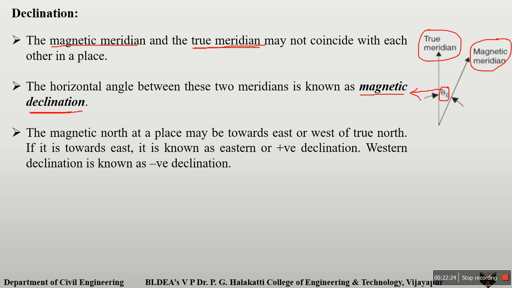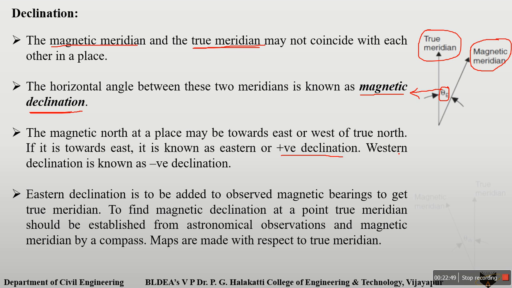Depending upon the direction, the declination may be positive or negative. If the magnetic north is towards the east side from the true north, it is known as eastern or positive declination. Suppose our magnetic meridian is towards the west side, like this. In that condition this declination is called a western declination.